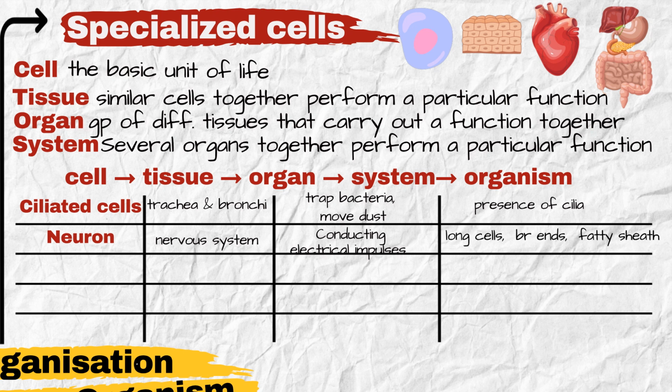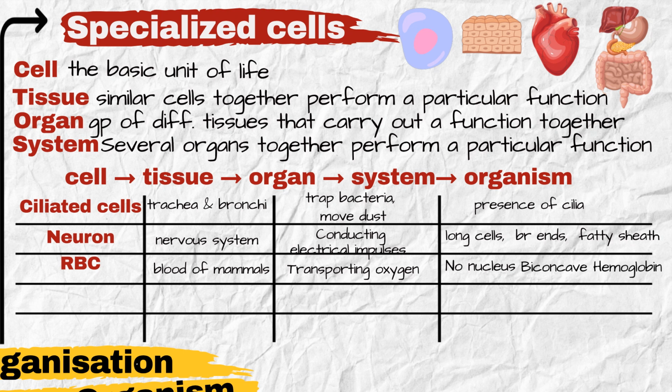Third, red blood cell. Place, in the blood of mammals. Function, transporting oxygen. To do that, it has no nucleus, which allows space for more hemoglobin, a biconcave shape, which increases surface area, and it contains hemoglobin to carry oxygen.